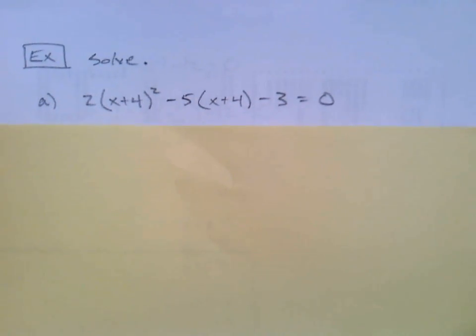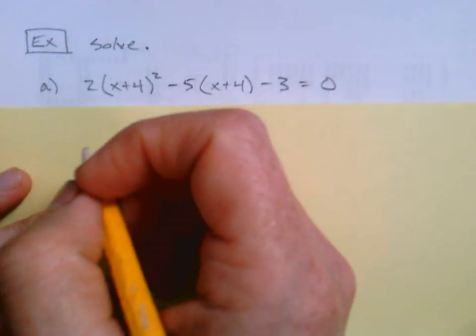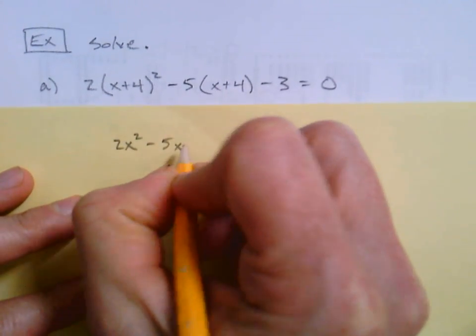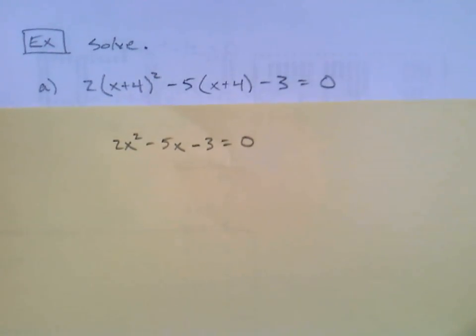In this section, we're going to be given things that look close to a quadratic, but something is a little different. The problem we just did together was 2x squared minus 5x minus 3 equals 0.